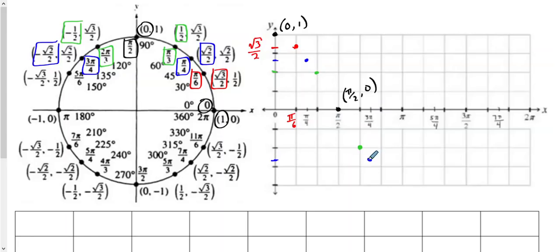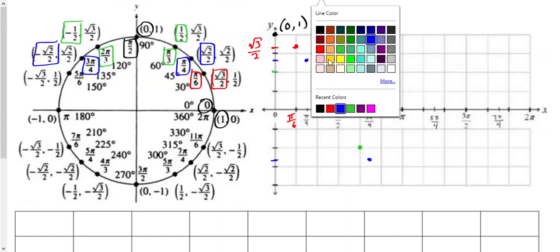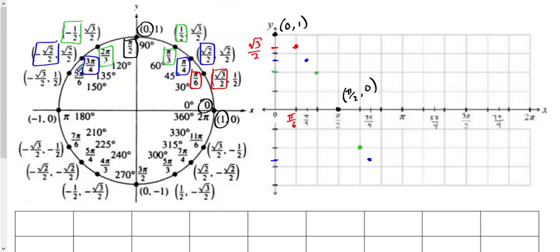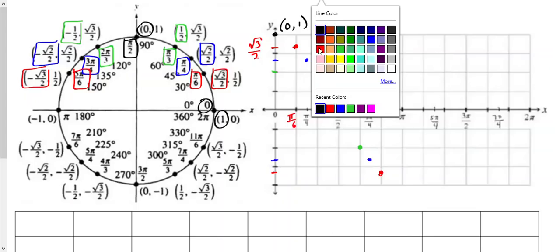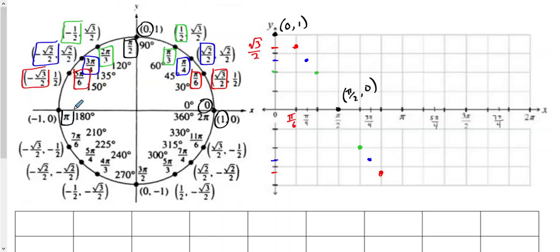Next with the red, 5 pi over 6 and negative root 3 over 2. So we'll put a similar spot here on the axis just for reference. Place our point here. And then at the angle of pi, our x-coordinate is negative 1.